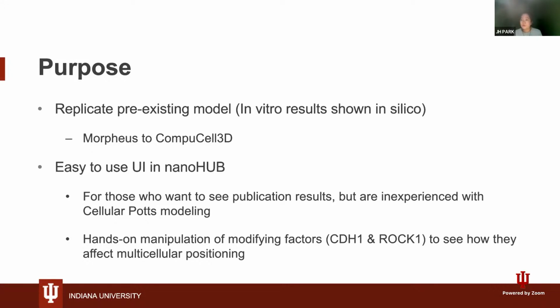Also, for those who want to see the publication results but are inexperienced with cellular Potts modeling, our application on NanoHub will be a nice user-friendly interface, giving hands-on experience in modifying gene expression and seeing how it affects stem cell organization visually.